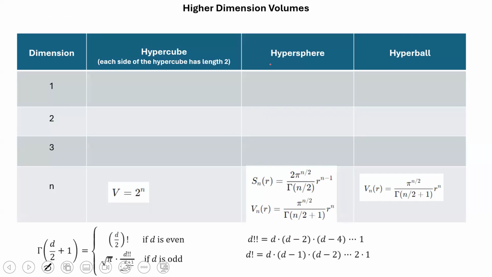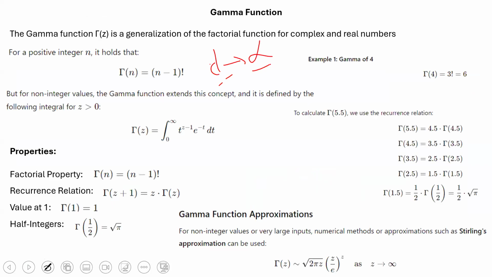Right, so going back here, the properties of gamma. This is the factorial property: when n is a positive integer, gamma of n is equal to (n minus 1) factorial. And this is the recurrence relationship, which we will use to solve for non-integer values. Instead of applying the bigger formula, this property can be used to solve non-integer values.